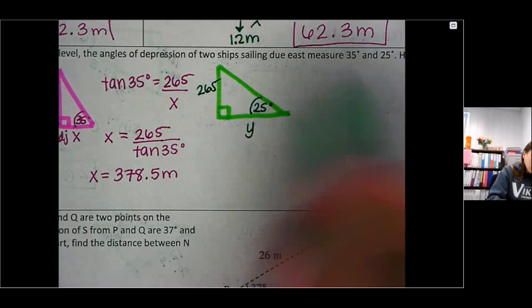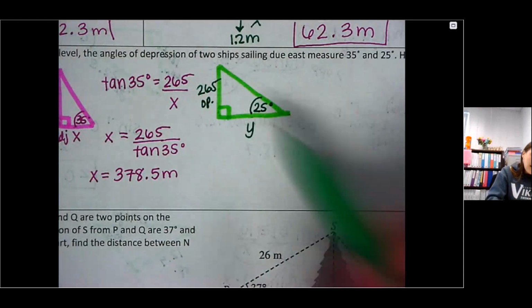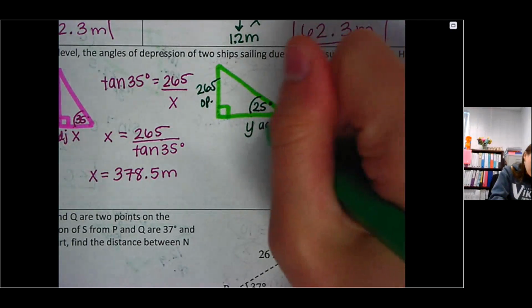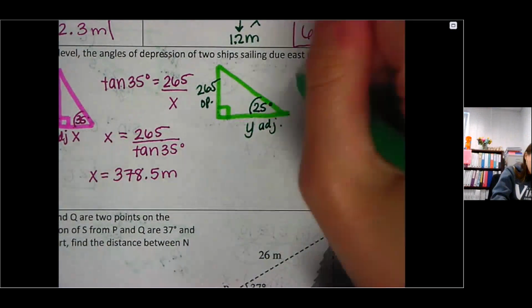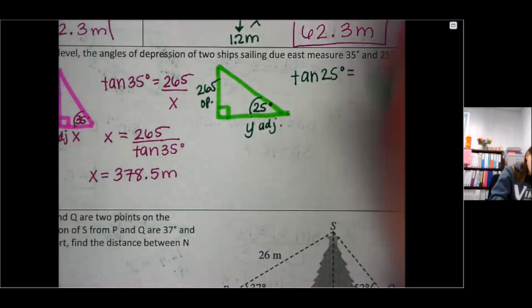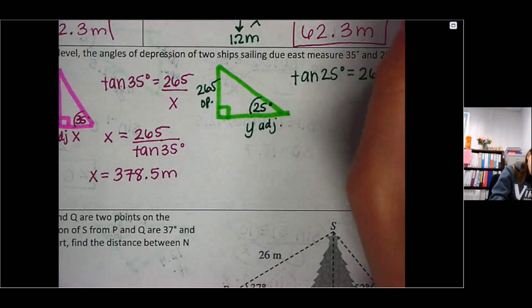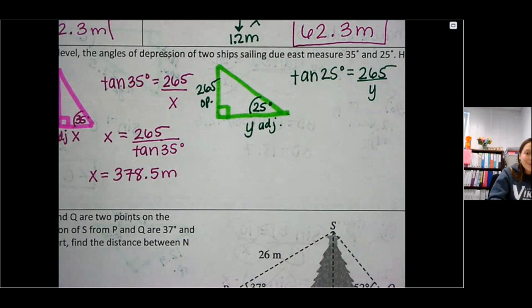So if 25 is my reference angle, across from it is the 265, that's opposite. And next to it is adjacent. This one is again opposite and adjacent, which is tangent. So tan 25 equals opposite 265 over adjacent Y. Notice it's almost exactly the same setup.